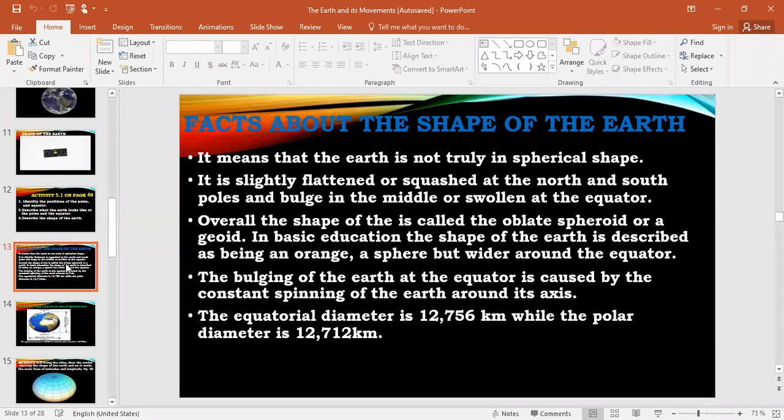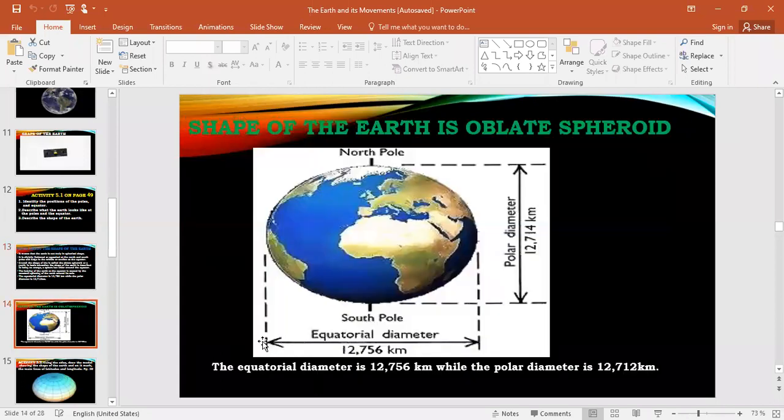So we are saying that if you look at the diameter, we're talking about why it's not spherical, why it's not round. Because if you look at the equatorial diameter and the diameter of the poles, they're not the same, as we can see here. The equatorial diameter from here to here, you can see the figure.